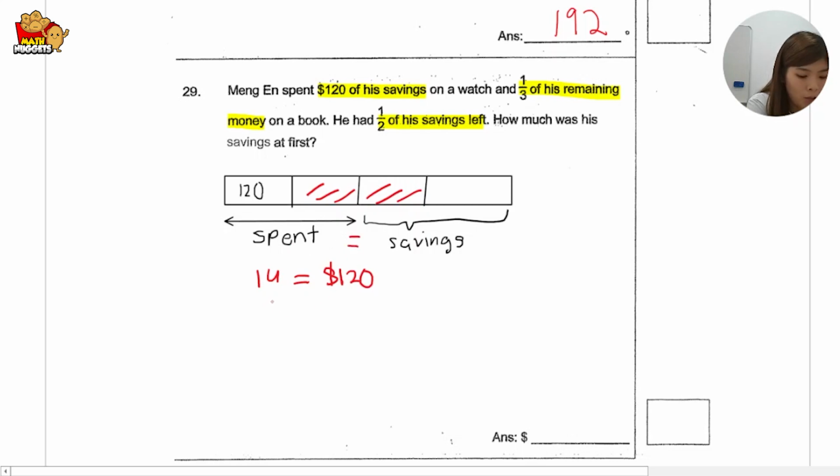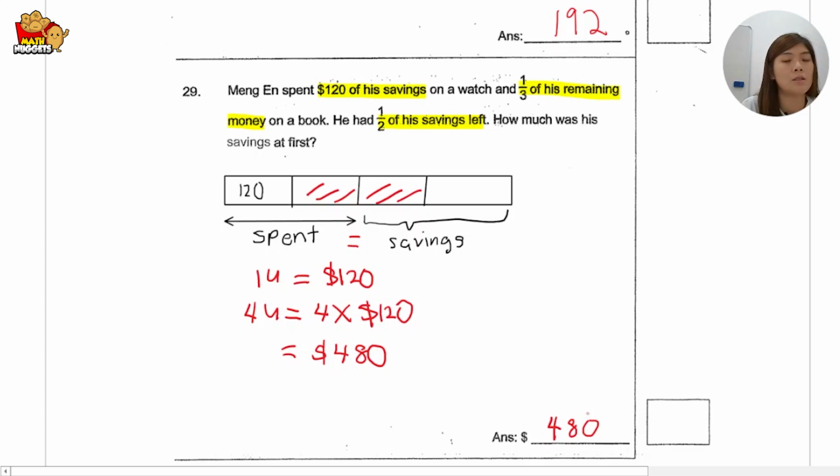Since 1 unit is $120, what was his savings at first? In total we have 4 units here, correct? So 4 units equals 4 times 120. This gives us 480. So in total he has $480 at first.